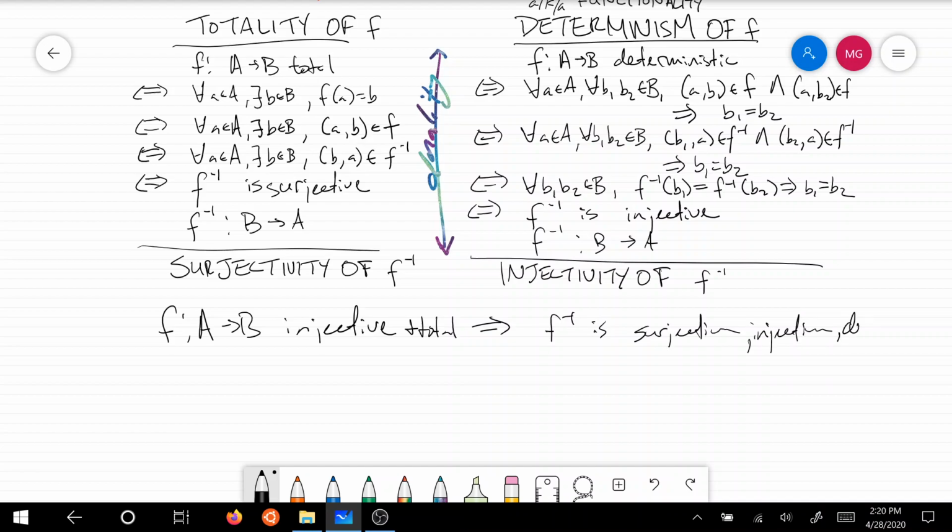Injective, and we'll get deterministic because f itself is injective, and dually that'll be deterministic. But may be partial.